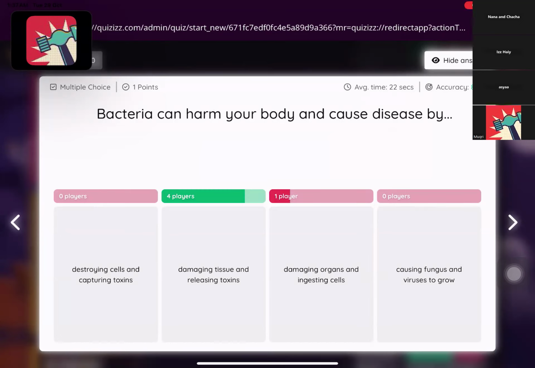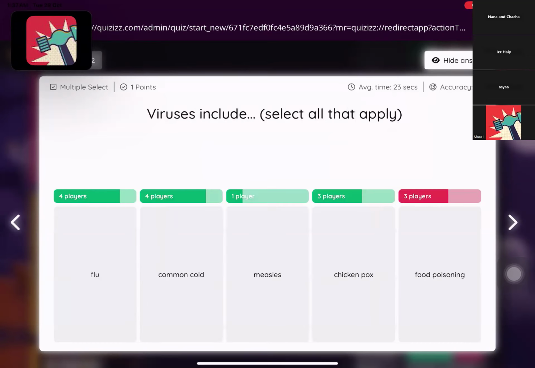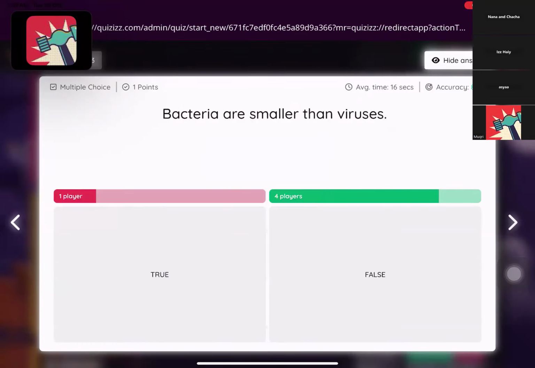Bacteria can harm your body and cause disease by damaging tissue and releasing toxins. The toxin is very important. Viruses are smaller than bacteria. Virus is even smaller.